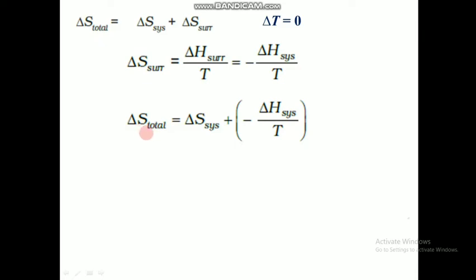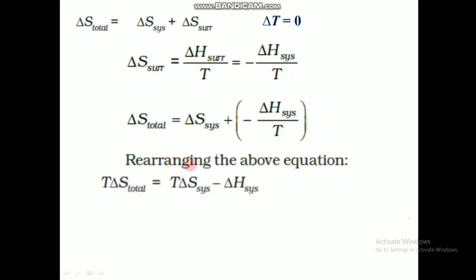So the total entropy change is equal to change in entropy of the system plus minus of the change in enthalpy of the system by T. Now if we rearrange the above equation, we multiply T with all the terms.